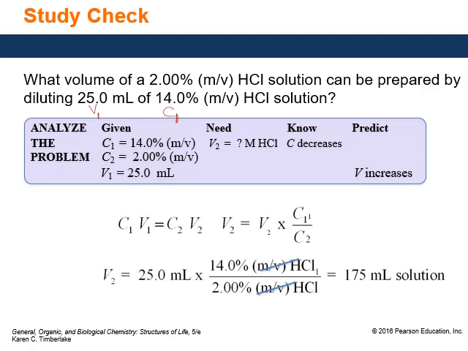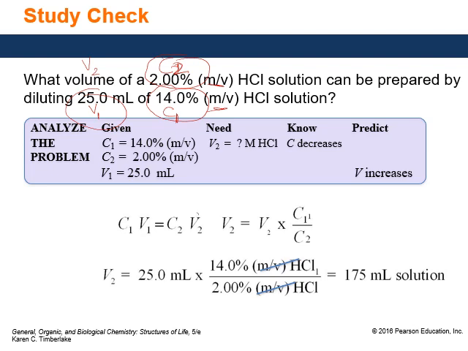Okay, the question is asking what is my final volume that can be prepared of this particular concentration, C2, which is 2%. So I have C2, C1, and V1. The question is asking what is V2. Now remember the units. C1 and C2 are both mass over volume, which is good. They are the same. Now you simply do C1 V1 equals C2 V2.